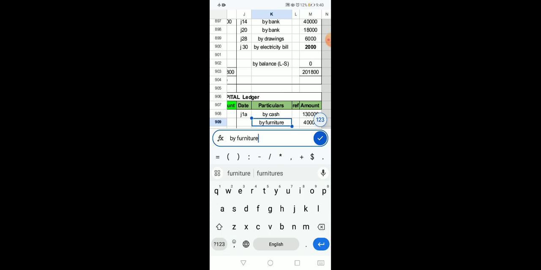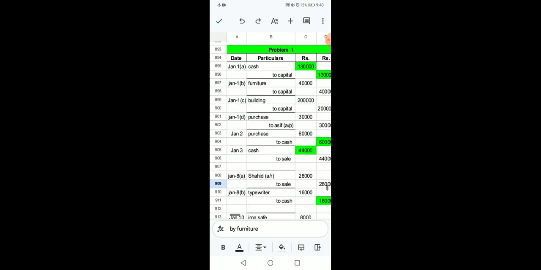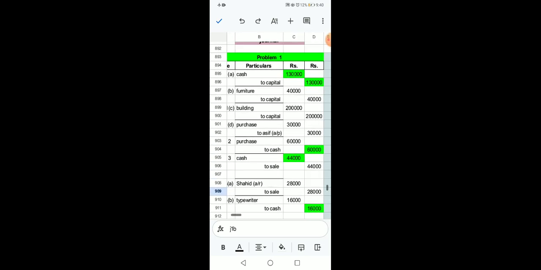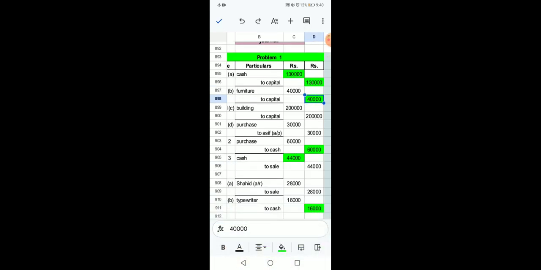Now see its date. What was the date? January 1B. Put January 1B as your date. The 40,000 entry amount has been posted to the relevant ledger. Mark it as done.